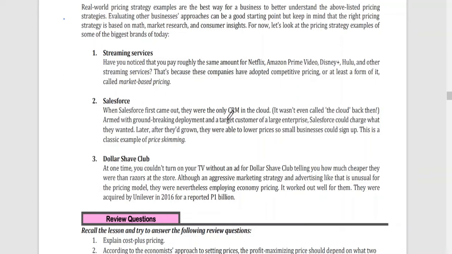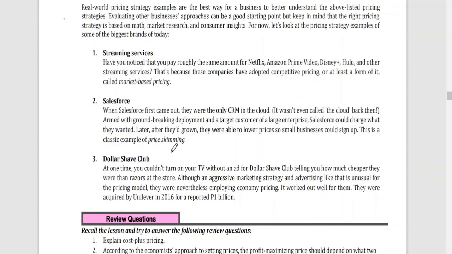So they handle marketing, sales, commerce services, and IT on a cloud-based system. So kaning Salesforce, when they first came out, they were the only CRM in the cloud. Armed with groundbreaking deployment and target customer of a large enterprise, Salesforce could charge what they wanted.